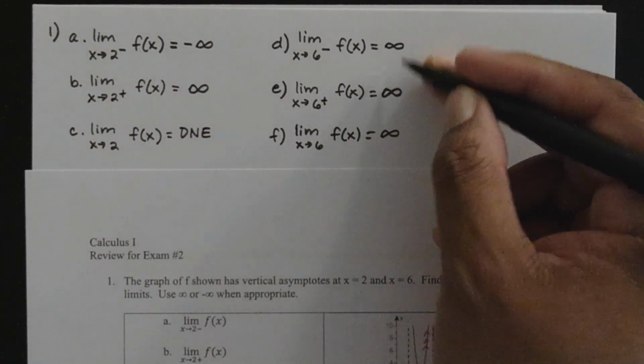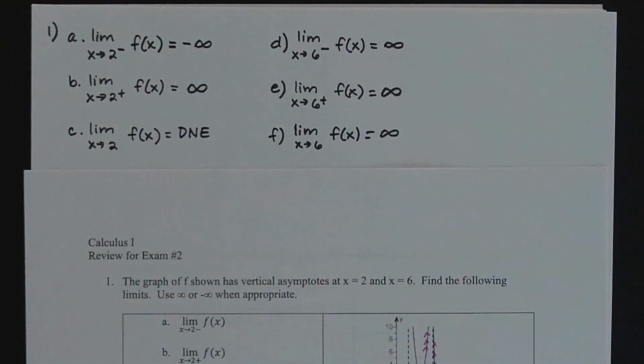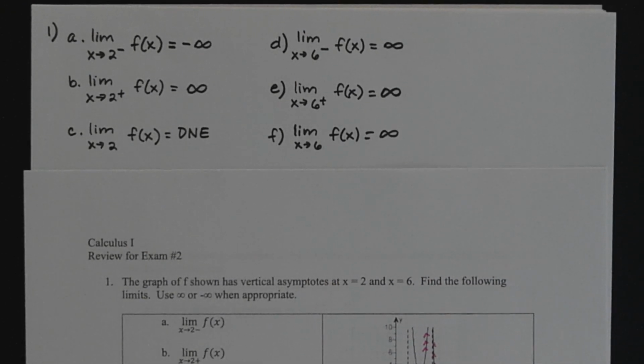So they're both going in the same direction, so as x approaches 6, the limit of the function is going to infinity. Okay? Are there any questions about problem number 1? Just using that graph to find limits.